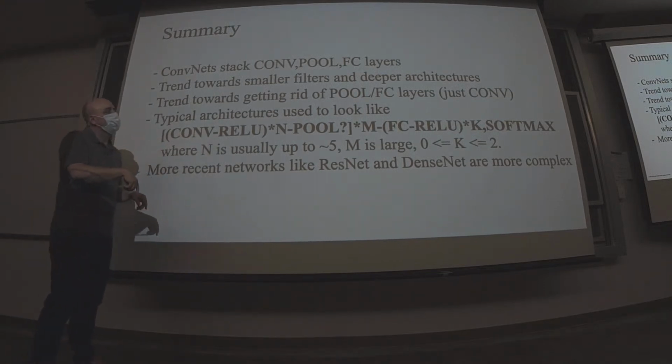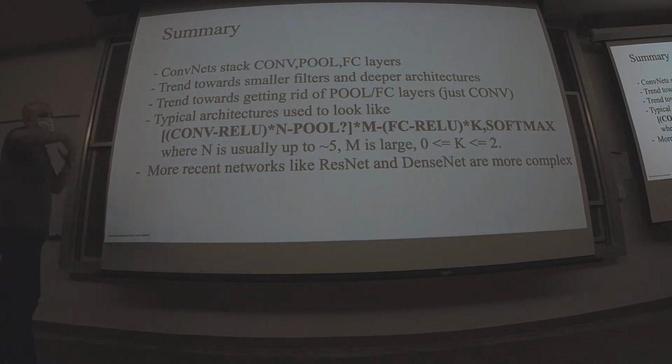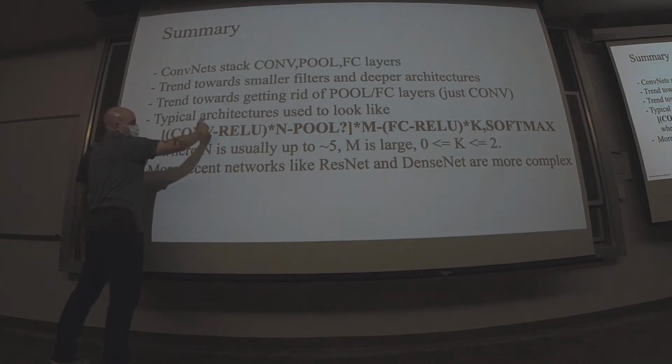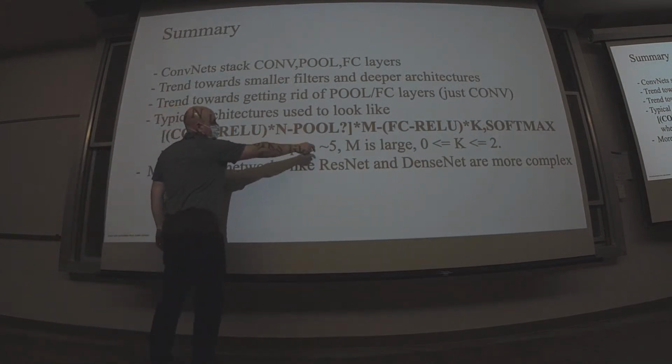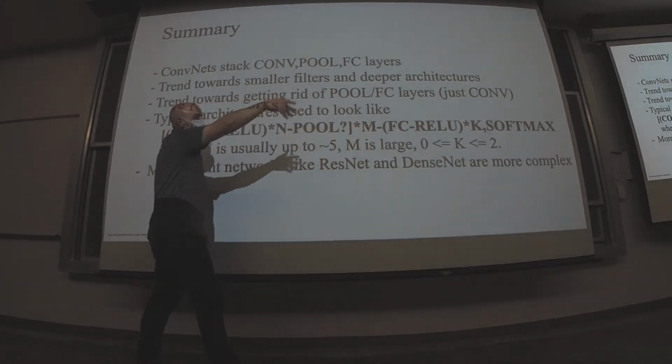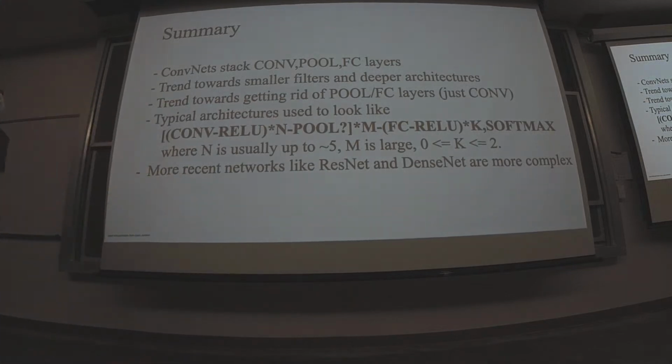Then some pooling, and then finishing up with some fully connected layers that would go into something like a softmax layer to allow you to do classification loss, through binary or multi-class cross entropy. What's being shown here is a little bit of a regex: do convolution and ReLU n times, then every once in a while do a pool, do all this m times, then do some fully connected layers, followed again by activations like ReLU, and then finally softmax if you're doing classification.